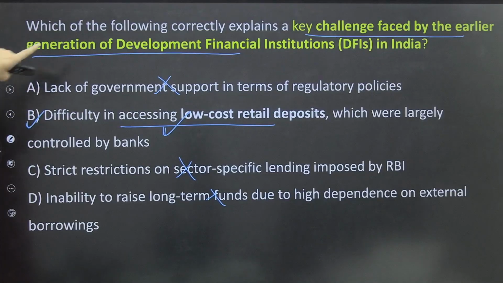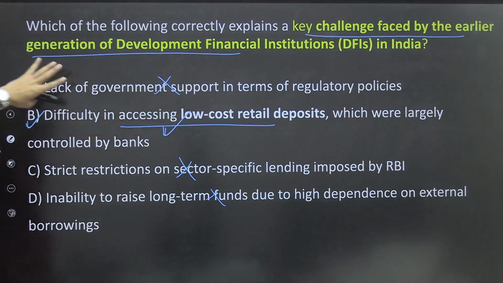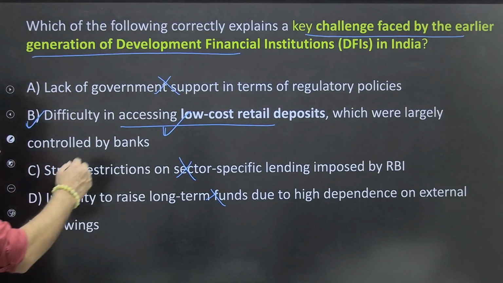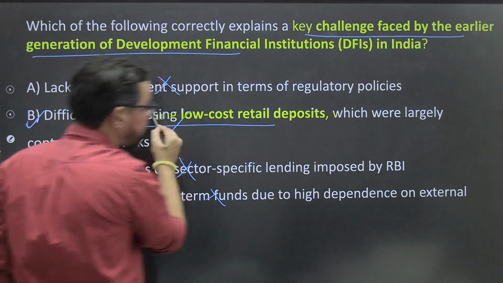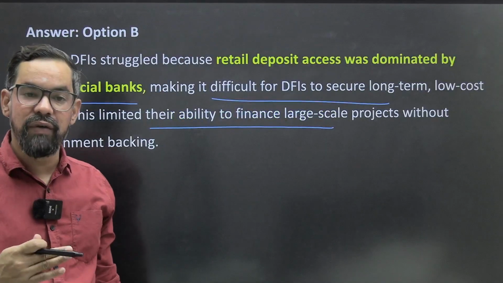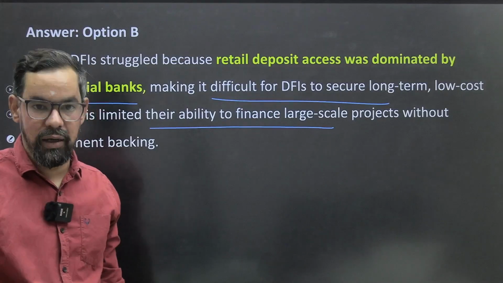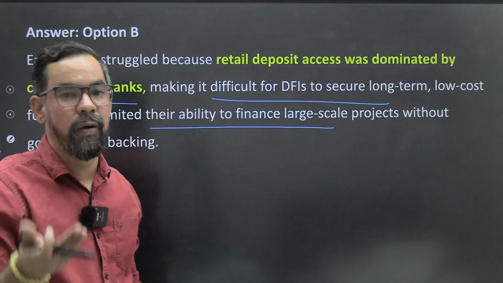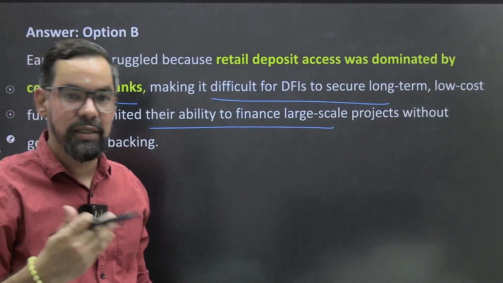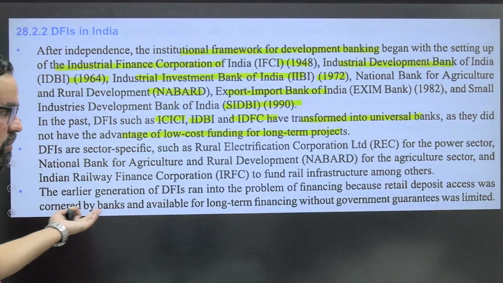Which of the following correctly explains key challenges faced by development financial institutions? So what is the challenge they were generally facing initially? There are a few DFIs that became one of the largest universal banks in the country right now, like IDBI, HDFC, ICICI. They started as DFIs themselves, right? We discussed this last time also.